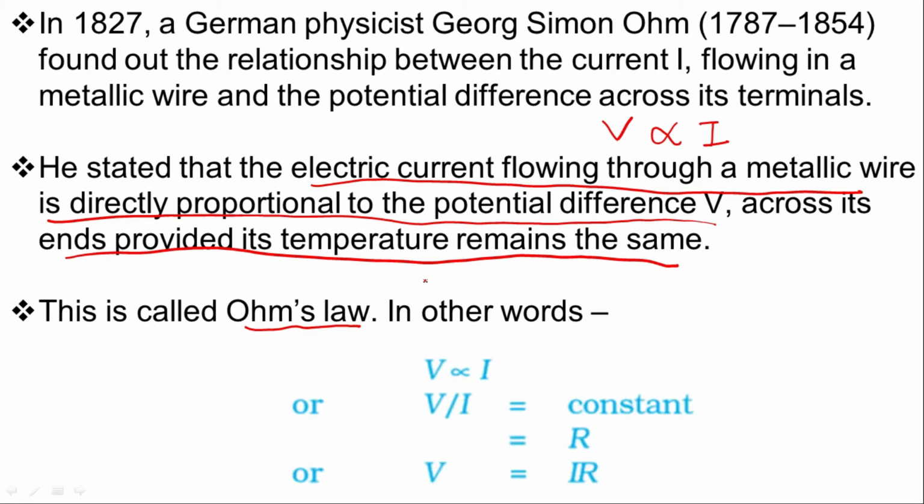In other words, we can say that V is directly proportional to I, and in any mathematical equation, we have to replace the proportionality symbol with a constant.